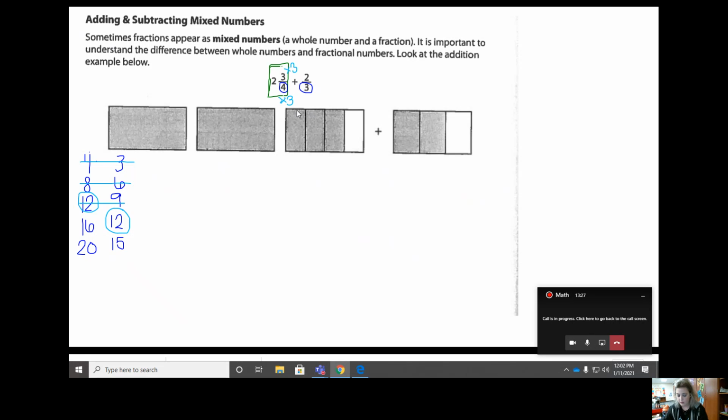All right, let's keep going. So what times 3 equals 12? Very good, 4. So let's go ahead and show our work. There we go. And what we do to the bottom, we must do to the top.